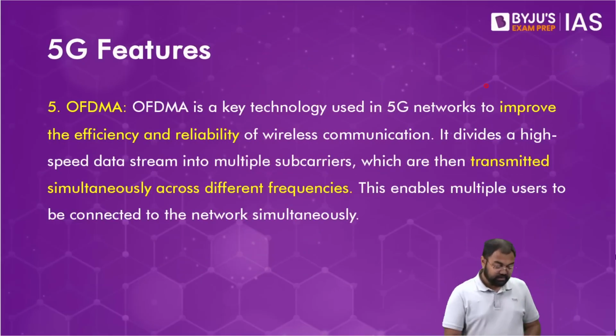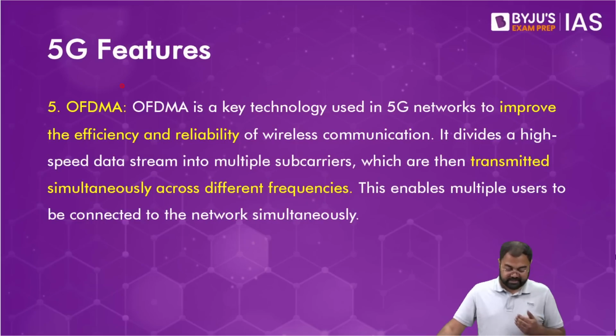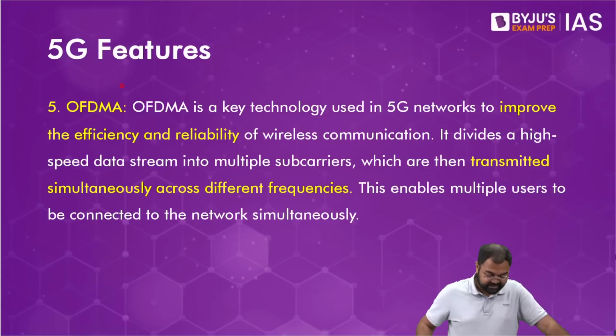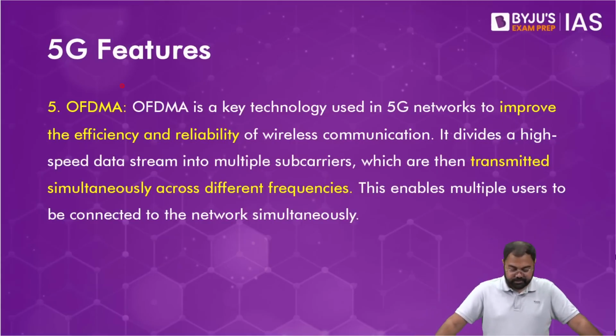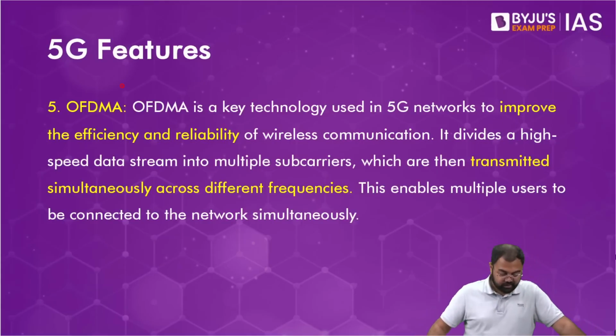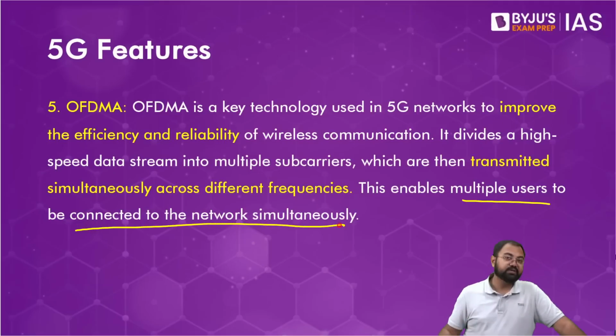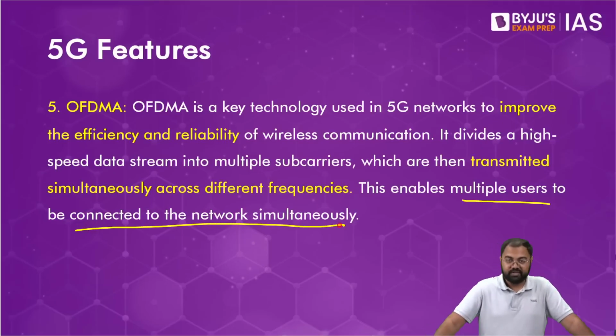Then there is also OFDMA, something that we had discussed. This is again something that will become very crucial, and it will also help in improving upon all these factors that we had discussed in case of 6G also. Multiple users will be able to connect to the network simultaneously because of OFDMA without having any issues.